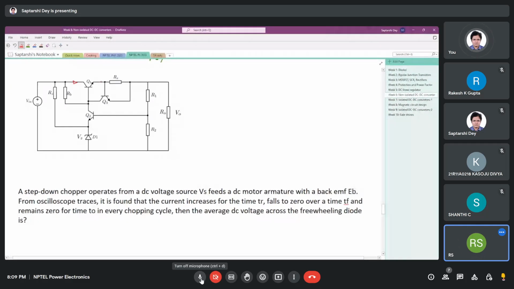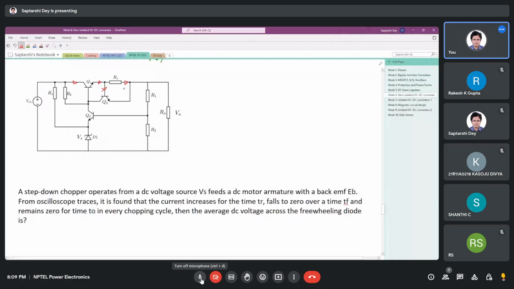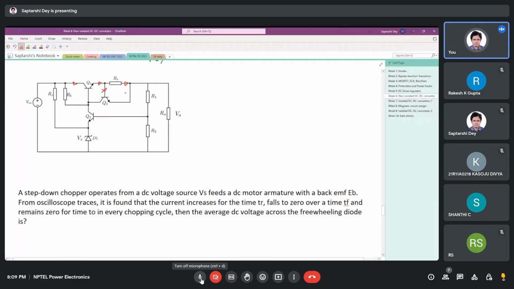The current flowing through RS is I naught. The current through R1 and R2 is negligible. That you can neglect.